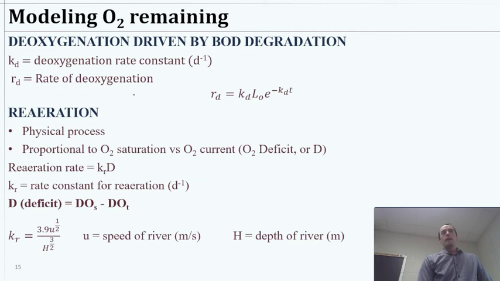If we're going to define that rate of deoxygenation, it's going to be directly related to the BOD consumption, right? So we'll say the rate of deoxygenation is going to be equal to KD, this rate constant, times the ultimate BOD times e to the minus KD t. So that's just an equation that we have.